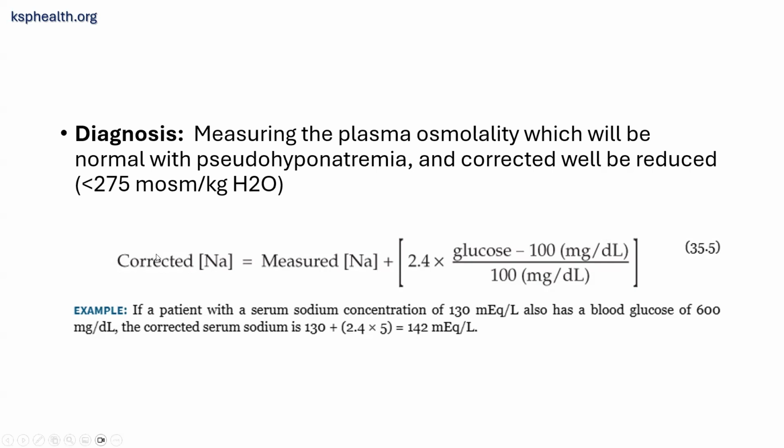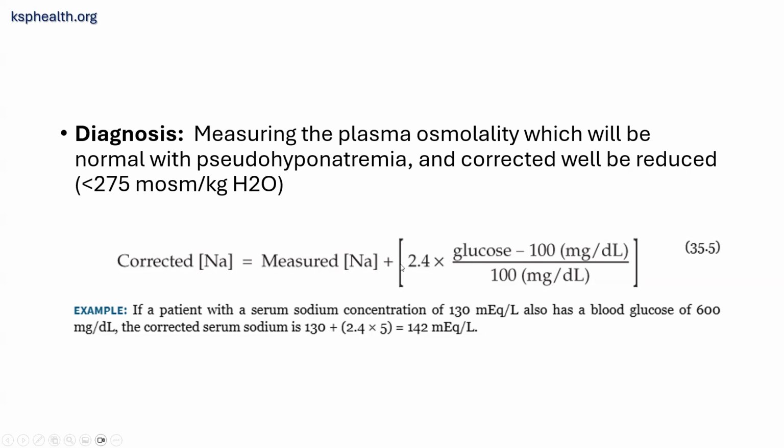The corrected sodium is equal to measured sodium plus 2.4 times glucose minus 100 over 100. I think there are other formulas, like for every 100 above 160, reduce by 1.6, but this book explains it in a much easier way. So this is an example.